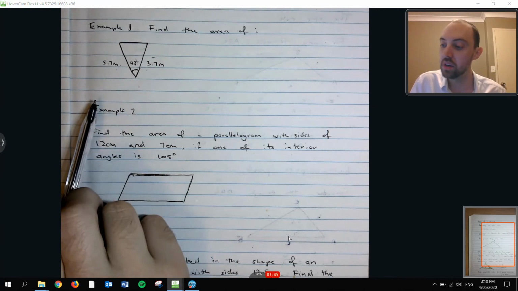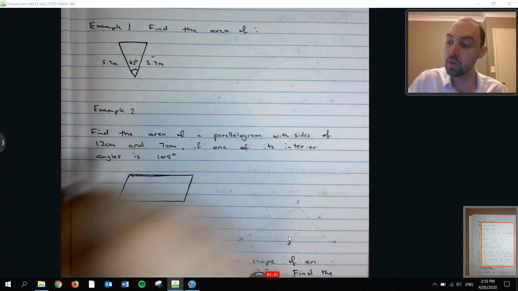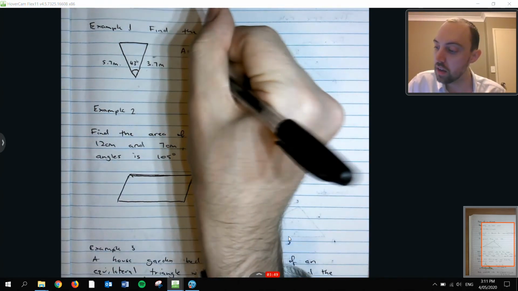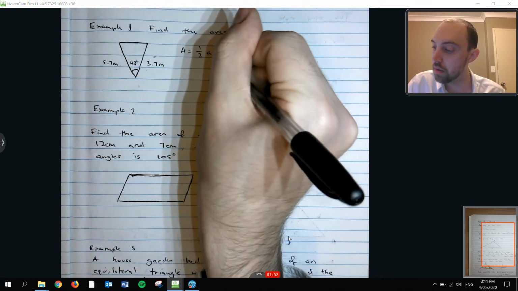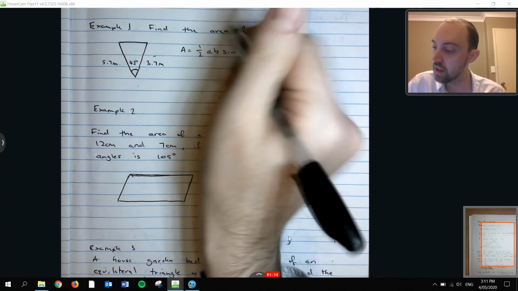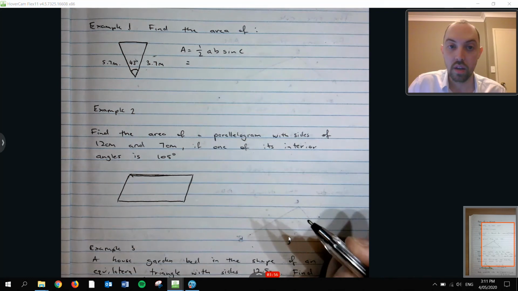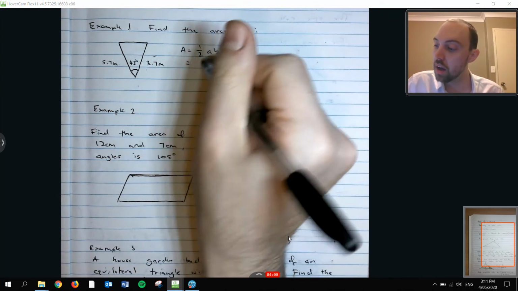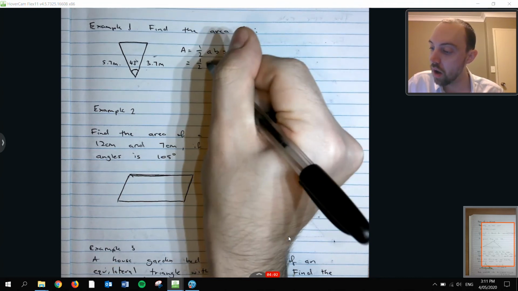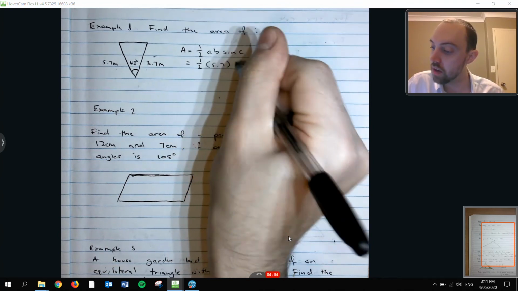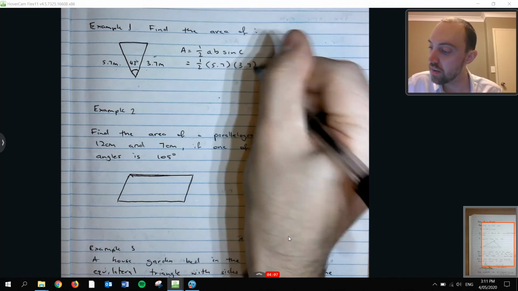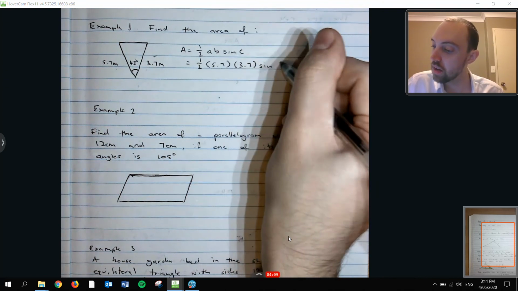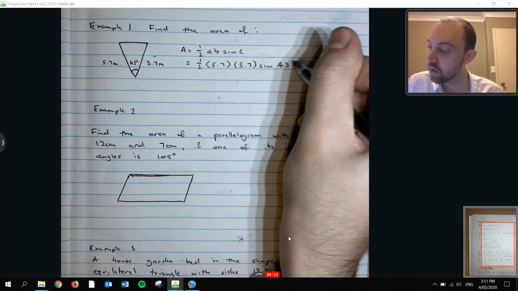It is the included angle, which means we can use that the area is equal to half ab sine of C. Substituting, it doesn't matter which one's a and which one's b: half of 5.7 times 3.7 times the sine of 43 degrees.